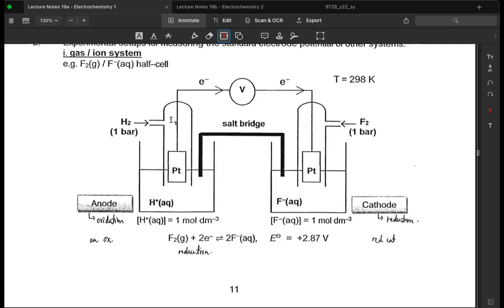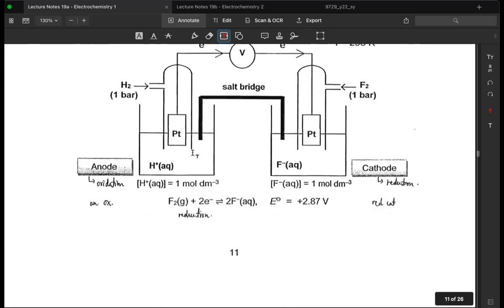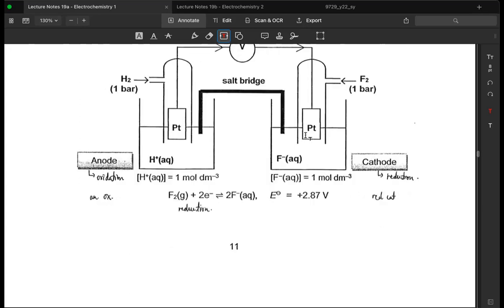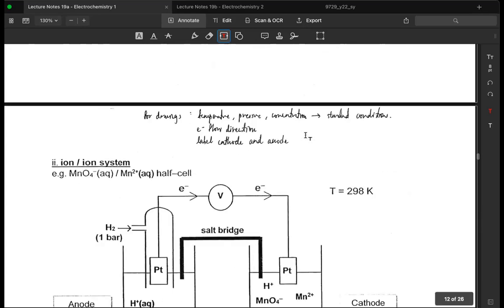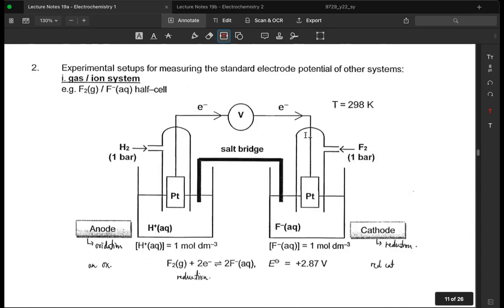Okay, so electrons will flow from the platinum electrode to the platinum electrode with the fluorine half cell. All right. So make sure you can sketch this, at least know how to recognize this. And we'll need to draw at A level.